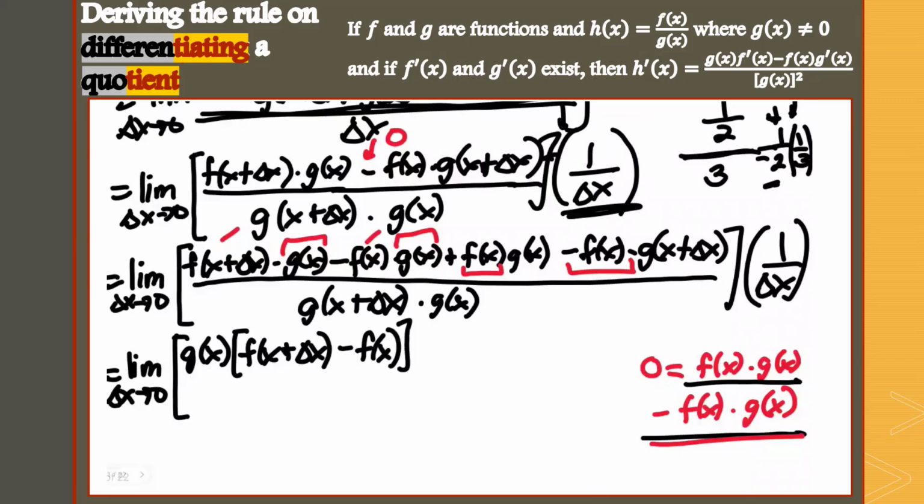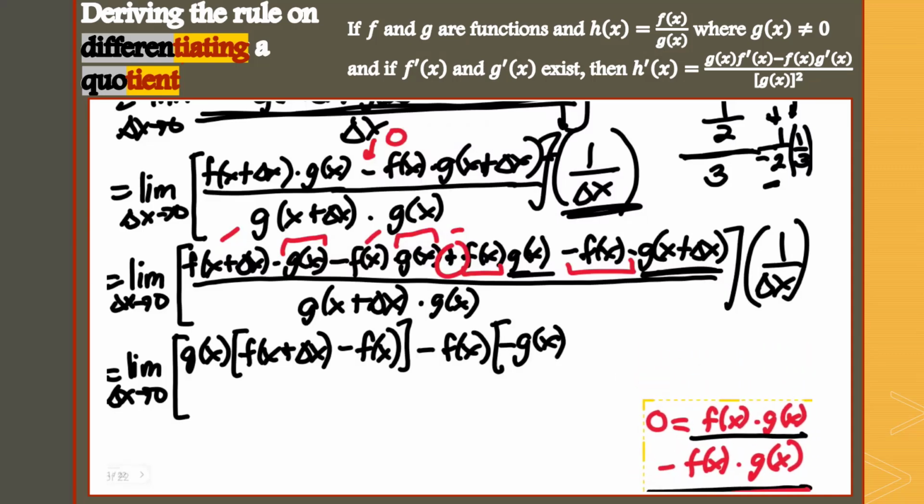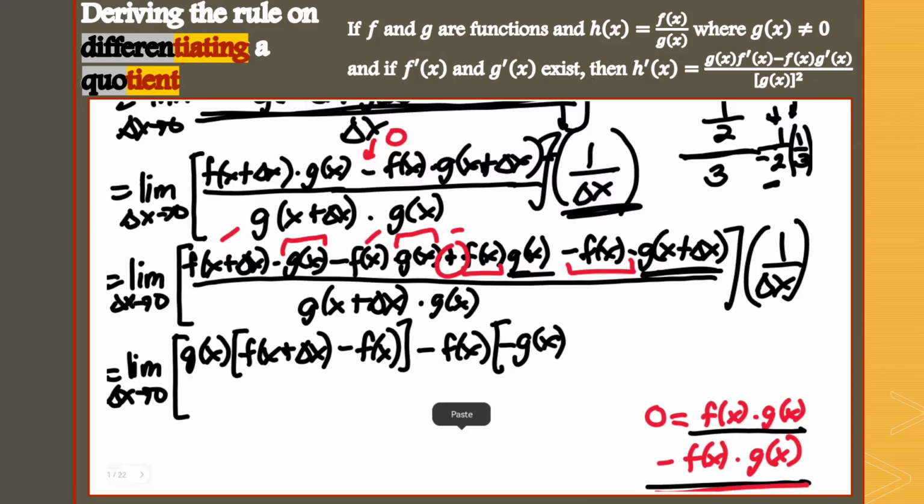Okay, for the second, I would like to factor out here minus f of x, not positive, because I would like to make this positive and this negative, because as I take here minus g of x, take note that this is plus, so I'll take negative, what remains on the inside will be negative, so it will become minus g of x. Okay, let me move this down. Alright, and continue with the next.